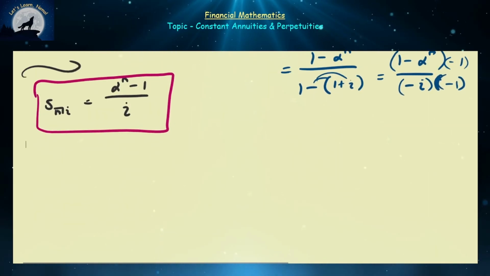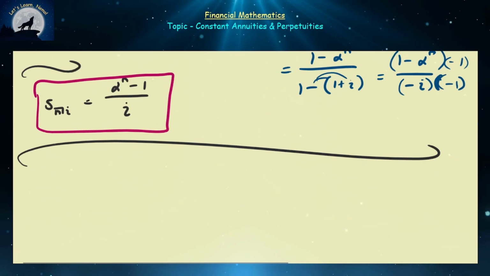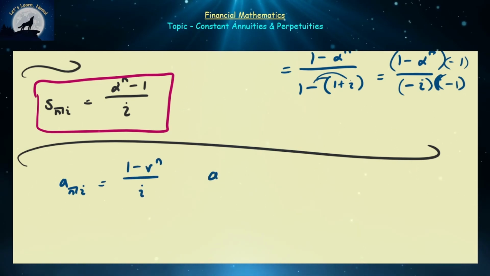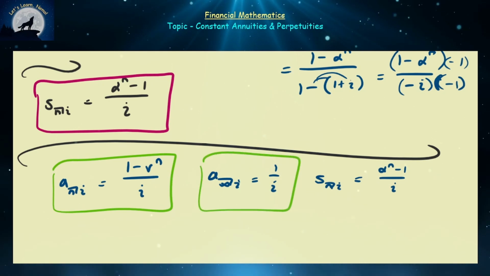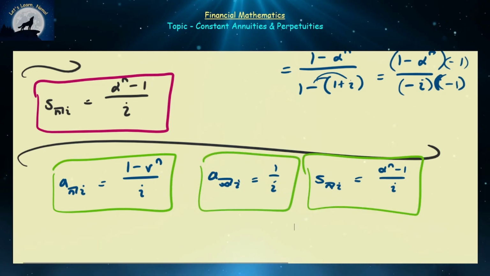So let us summarize all of these mathematical results that we've built up to this point. We have the present value of an annuity immediate is equal to 1 minus nu to the n over i. We have the present value of a perpetuity immediate is equal to just 1 over i. And then we have the future value of an annuity immediate is equal to alpha to the n minus 1 over i. So we have 3 very nice and compact forms.